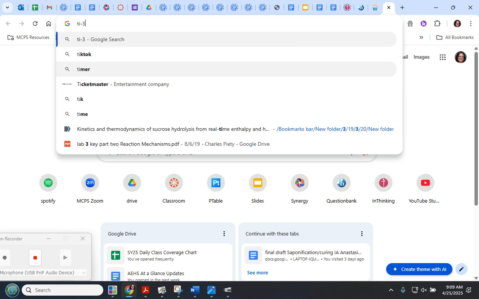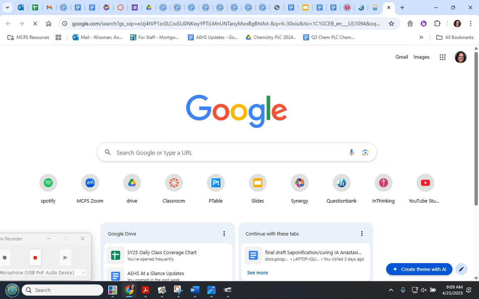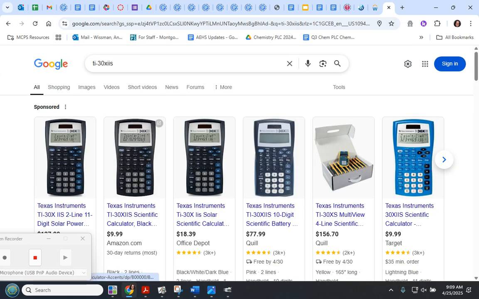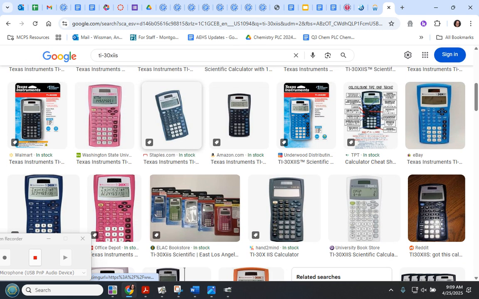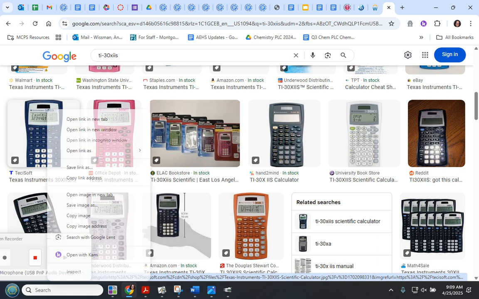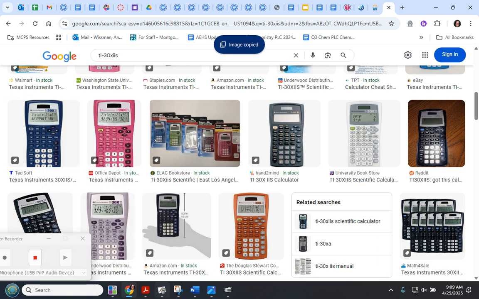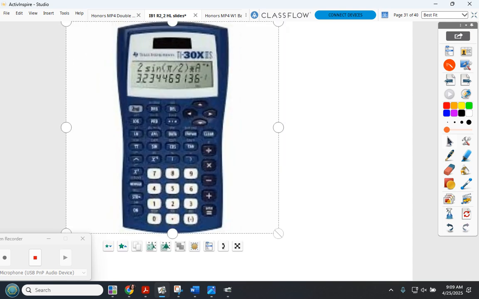TI 30X 2S. There we go. So let's just get a picture of that so I can show it to you a little bit better. Okay. Oh, I don't know if that's going to come out. No, let's do a different one.